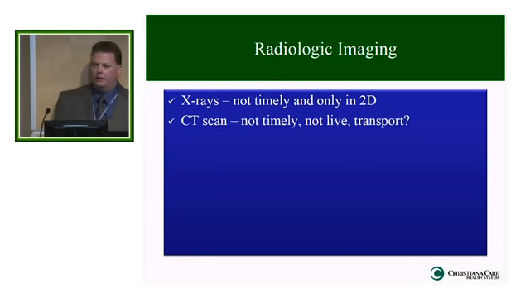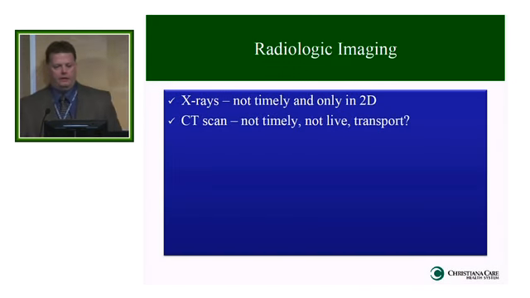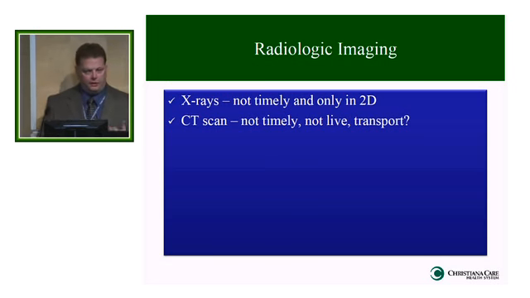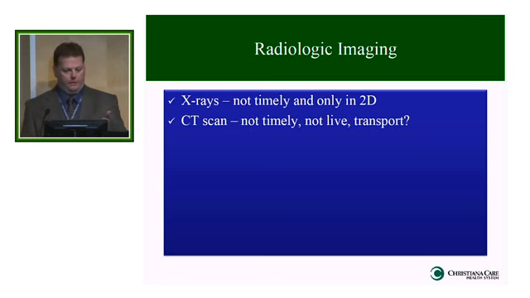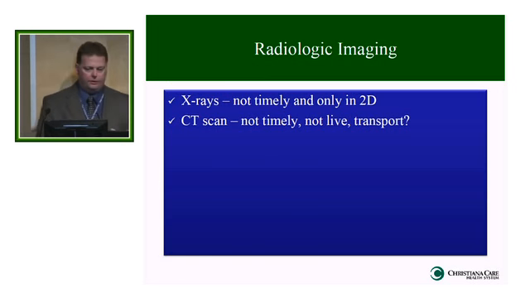How about radiologic imaging? You've seen x-rays and CAT scans in all these lectures. You can look at x-rays. They're not timely. They're at one point in time. They're not live. And they're 2D. For us to show you ARDS, we usually have to show a CAT scan slice. And so that brings us to CAT scans. They're also not timely.